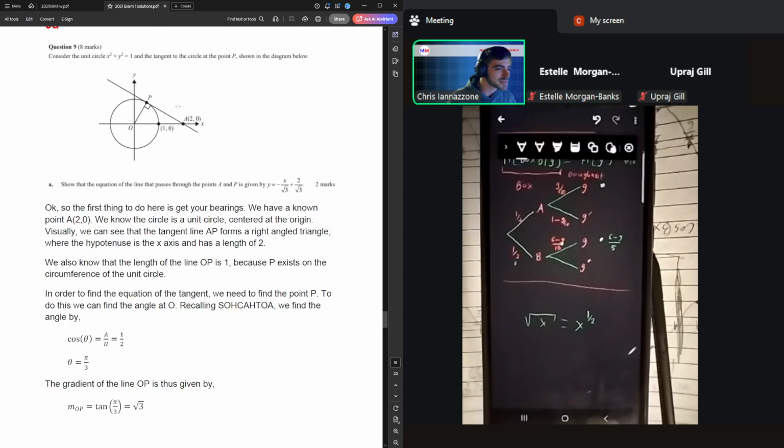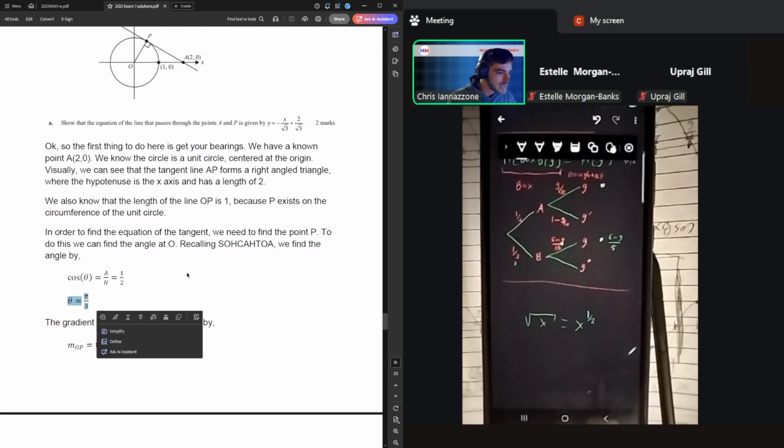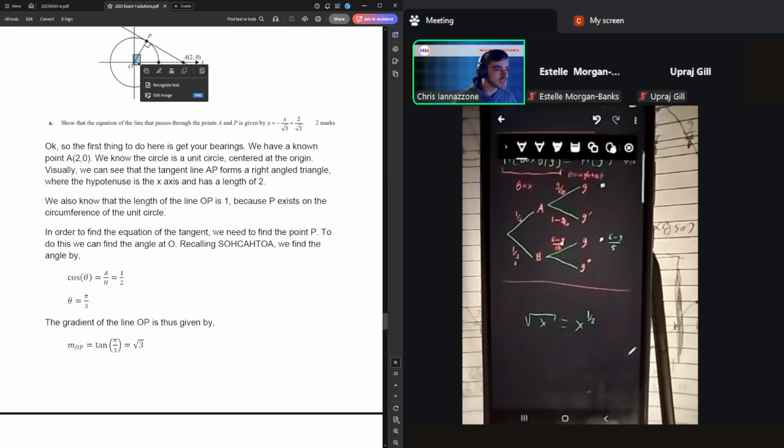I said earlier that hypotenuse was AP, which is not right. Anyway, you've got your hypotenuse, which has the length of 2, and the adjacent, therefore, is going to be this side. So you're creating your cosine, and you've got cosine equals a half. For that reason, you get pi over 3 as the angle that would be in this spot.